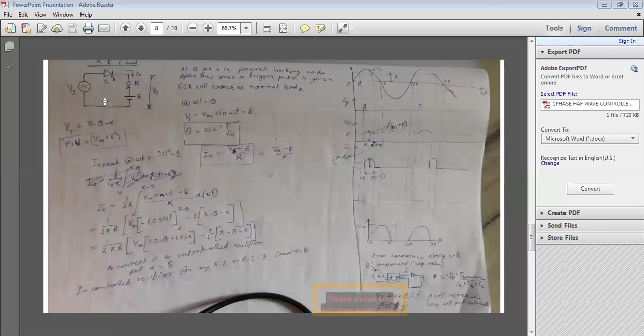And if I get both the cycles, that is positive half cycle and negative half cycle, and I want to evaluate the average voltage, then the average output voltage will be equal to zero.